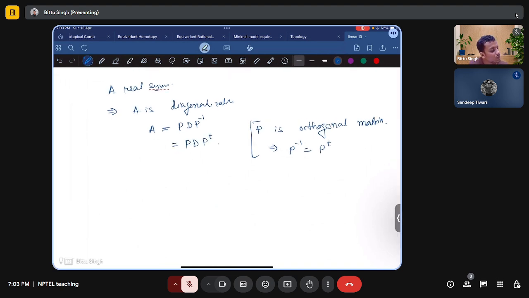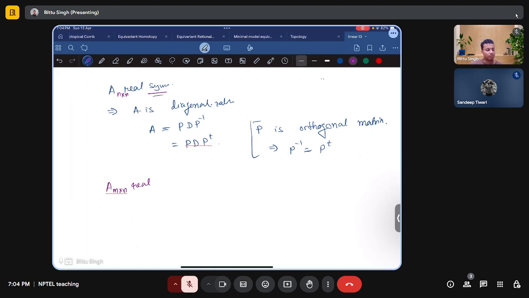Now the question is, can we do the same thing if symmetry is not present? Suppose A is a real matrix, but there is no symmetry, and it is not a square matrix. Previously it was an n by n matrix, now it is an m by n matrix. Can we do the same thing?